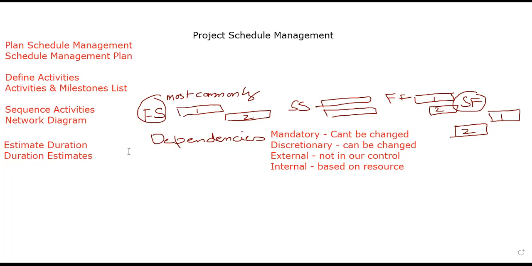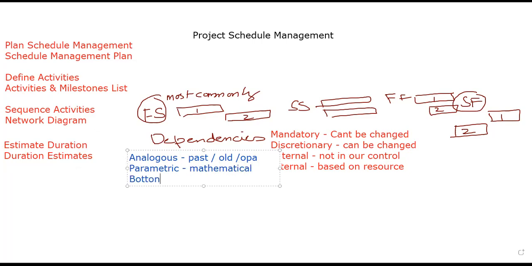The common one is analogous estimation, from the past, old records, archives, or OPA, based on my experience. Parametric is from mathematical calculations. Bottom up is very detailed, which means we read the WBS.